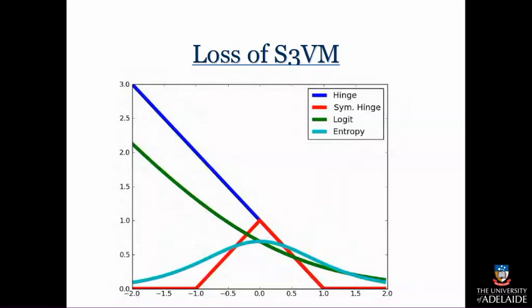Yeah, it will not incur extremely large loss, right? It's upper bounded, but for the hinge loss and this logit loss or exponential loss, they are not bounded, right? It can go infinitely, right?